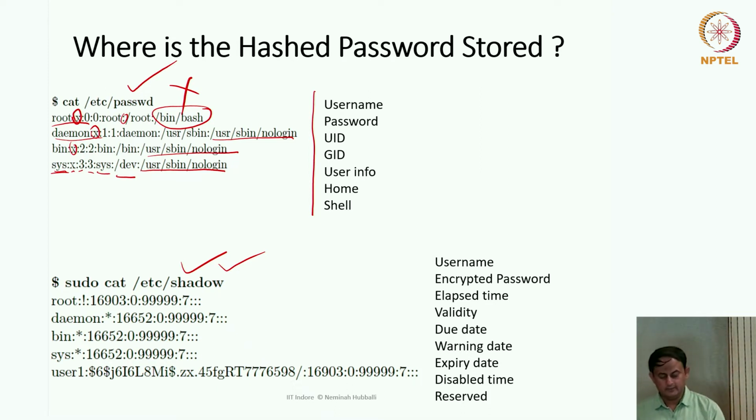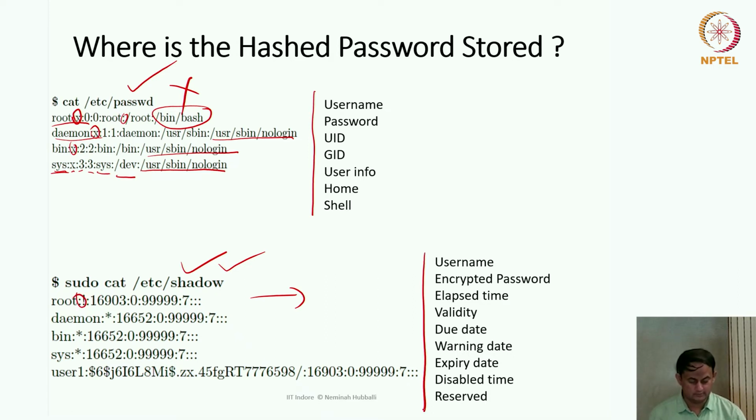If you look at the structure of the shadow file, there are rows, one row corresponding to each user. For each username in the password file, there is a corresponding row in the shadow file as well. Every row is again divided into multiple pieces, and each component is separated by a colon.